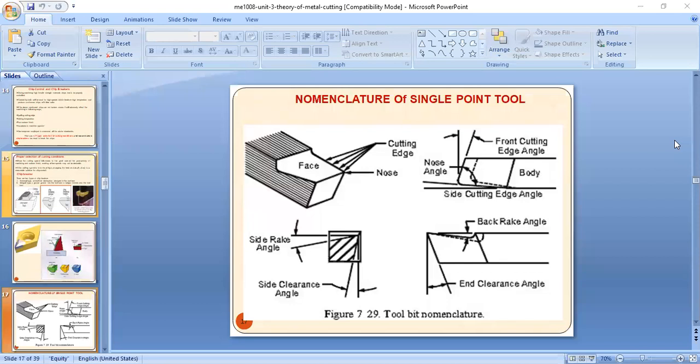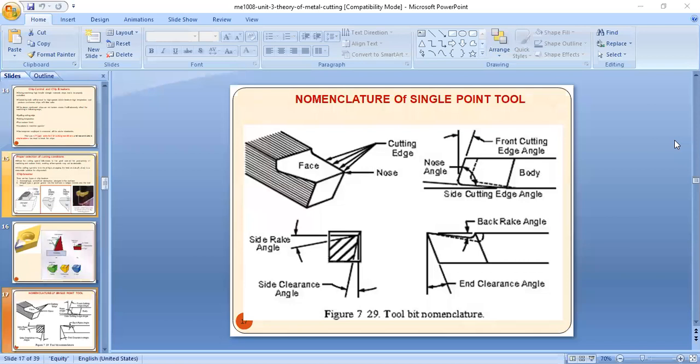As far as the side cutting edge angle is concerned, it is the angle between the side cutting edge and the longitudinal axis, as you have already seen, and its complementary angle is known as the approach angle. So it is between the feed direction and the side cutting edge. The side cutting edge angle increases the tool life, because the cutting force is distributed over a wider surface on the workpiece.